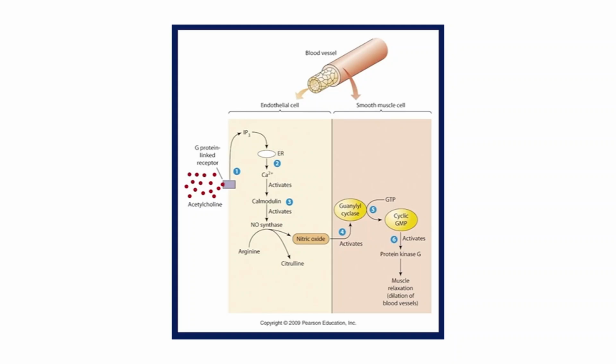Just to go into a little more detail, what triggers nitric oxide production? It could be acetylcholine, like you can see here, and it also could be something called shear force.